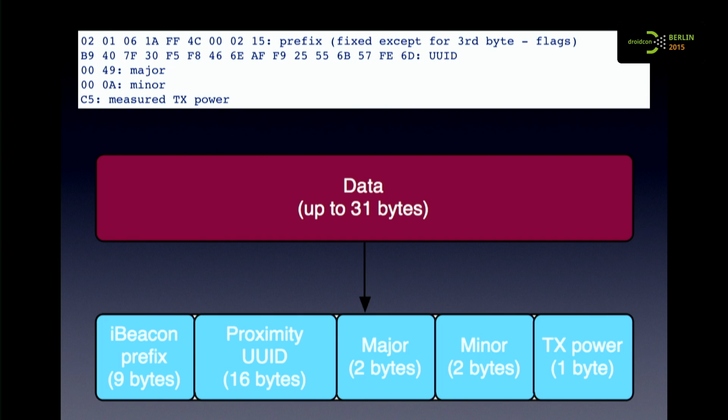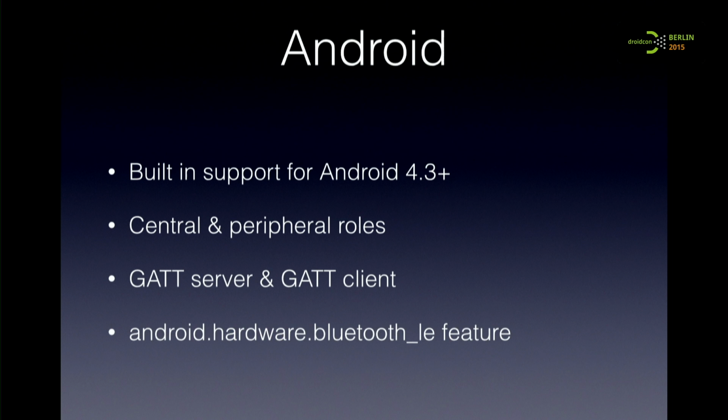Then there is the proximity UID that can help with distinguishing the beacon's minor and major parts, which can be helpful for some detection purposes. And TX power, which we will use for detecting the signal from the beacon and analyzing the distance of this signal.